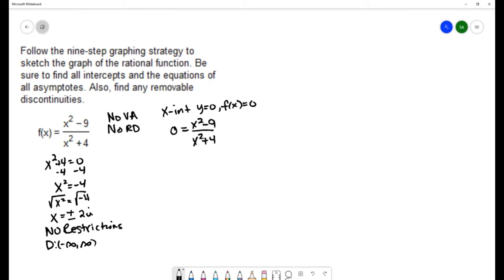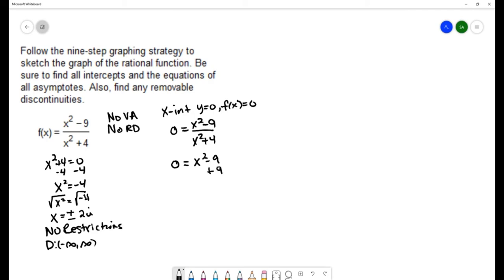To solve this equation, we'll multiply by the denominator on both sides, and that will clear the denominator. When I multiply by x squared plus 4 on the left, we're multiplying by 0, so we get 0. And on the right, the denominator will cancel, leaving us with the numerator.